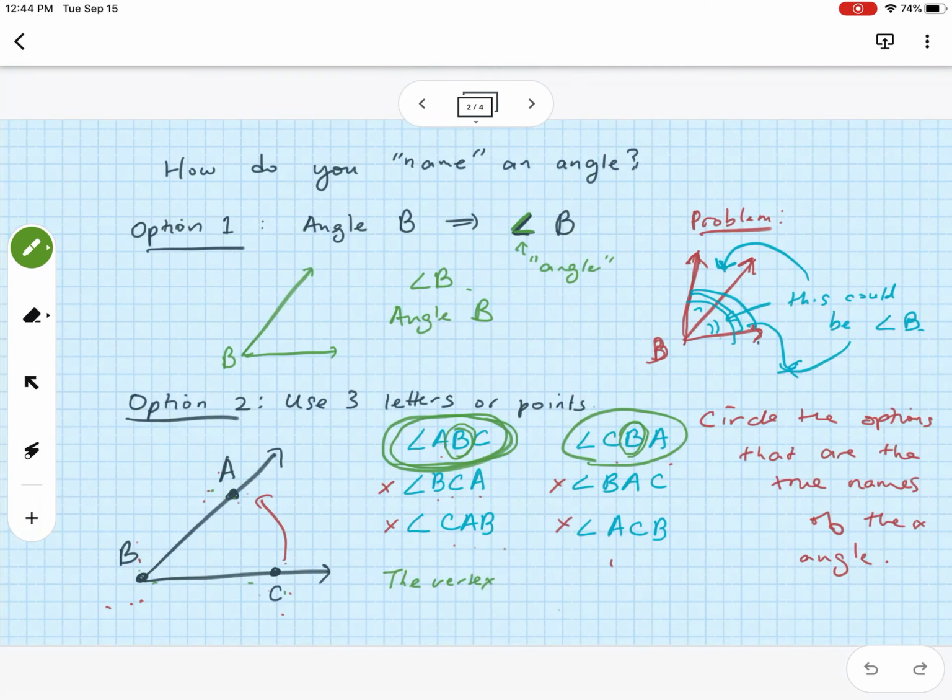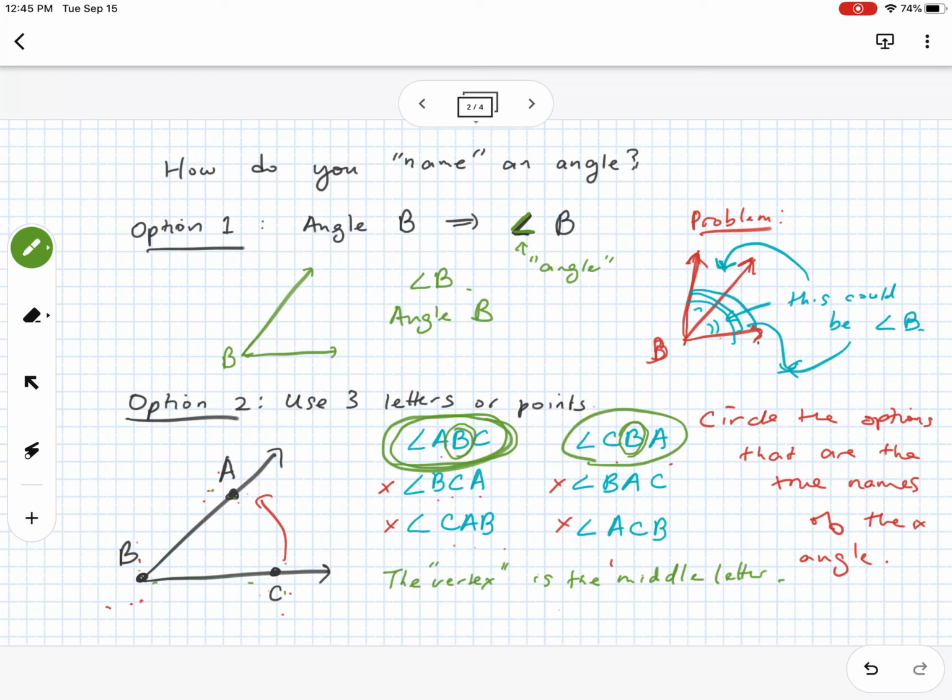The vertex is the middle letter, right? So angle B, the vertex, is in fact the middle letter. And so the way that we would name it is angle ABC or angle CBA. Okay?